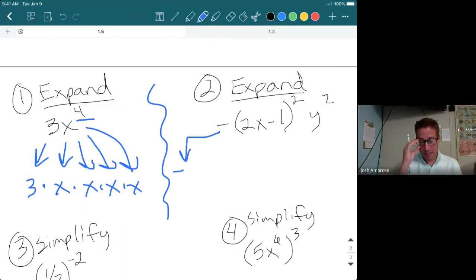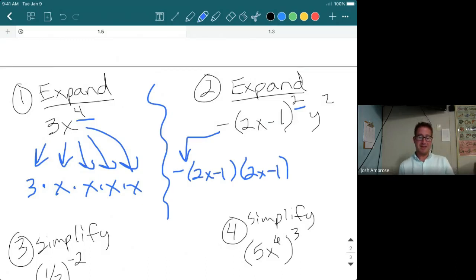Then how many sets of parentheses do you have? 2, because of that exponent right there, you have 2 sets of parentheses. So there's 1, there's another 1, and the 2x minus 1 is inside. Okay. And then you have y to the power of 2.